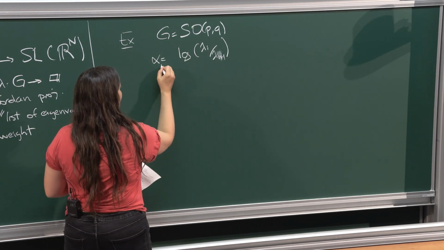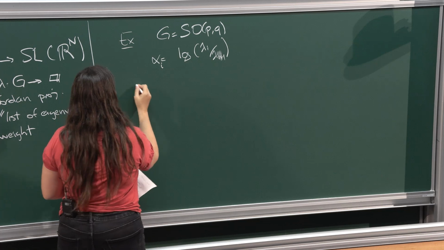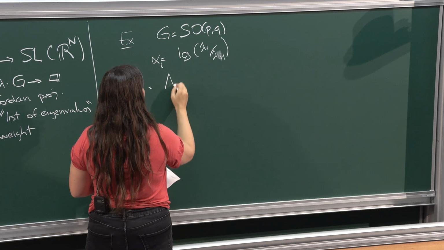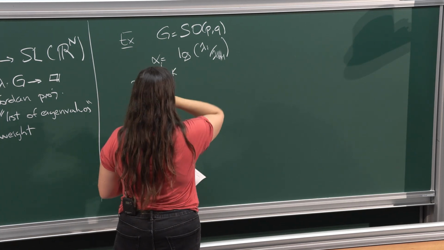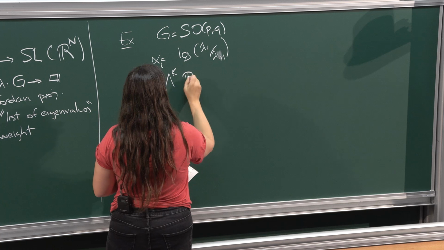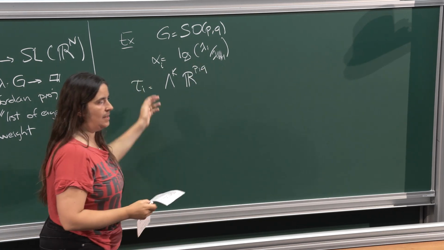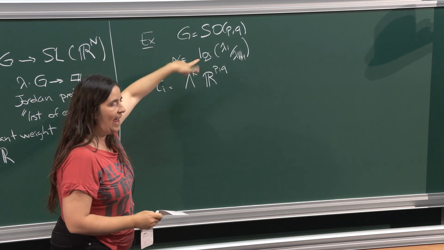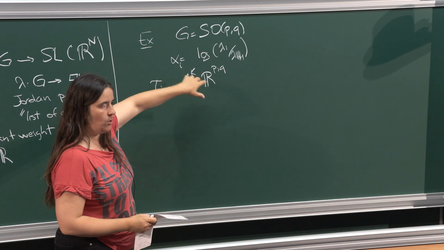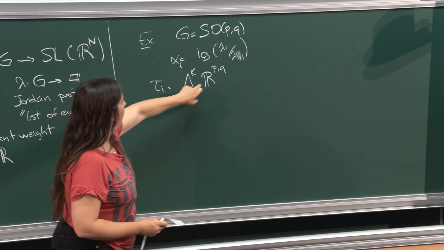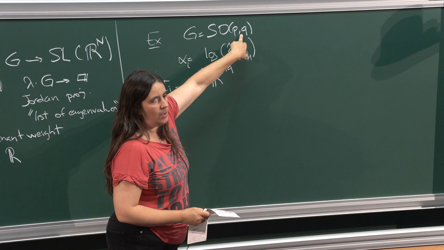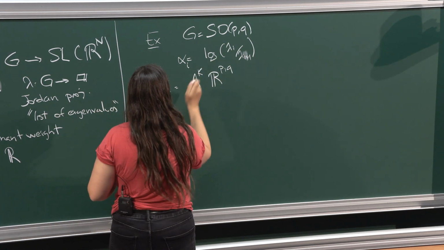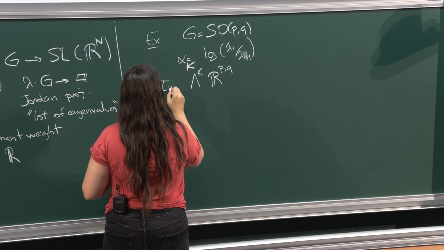This is maybe what I call alpha i. And then I can choose as tau i the kth wedge power, lambda k of R^(p,q), a vector space whose basis is the k-wedge products of R^(p+q), that's (p,q). I should call this k, thanks.